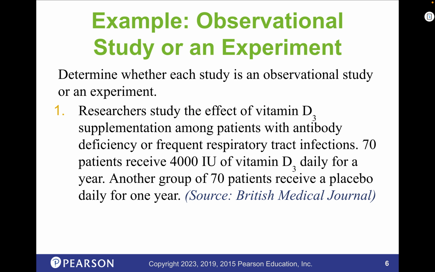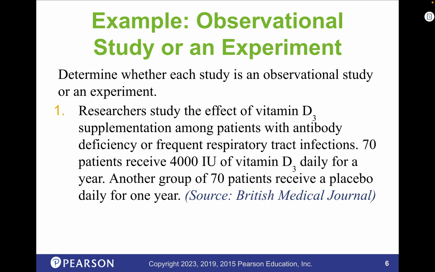Is there any ethical issue here? Because I want you to think about these things: these are people, these are human beings that we're working with, right? It's a whole year long. Is there any potential ethical issue here, because we're giving some people vitamin D that we think is going to help, and we're making sure some others don't get vitamin D?